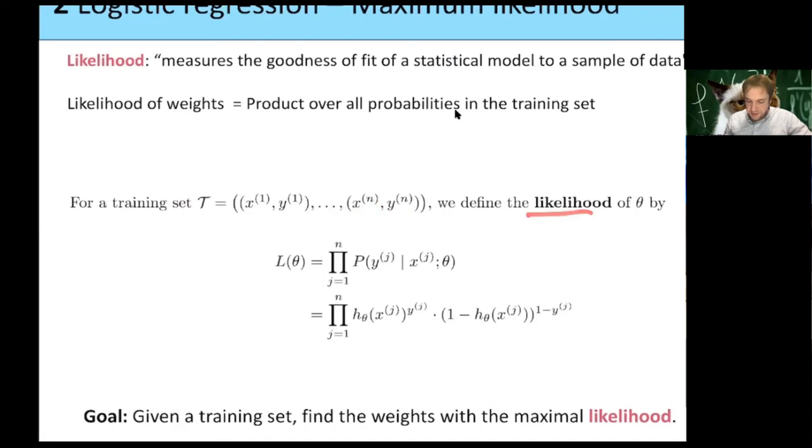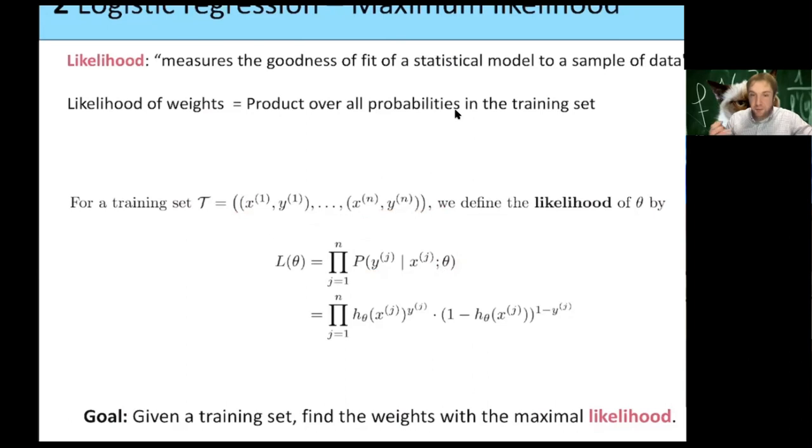Then the likelihood that theta describes these data in the best possible way is given by the product over all these probabilities. So if theta is chosen in such a way that it describes this data well, then these probabilities are high, because if I plug in some training example here, where I know this person studied such and such hours and he passed or failed, and theta is chosen correctly, then this probability is high, because then it fits the training data.